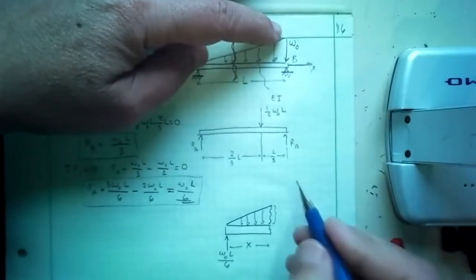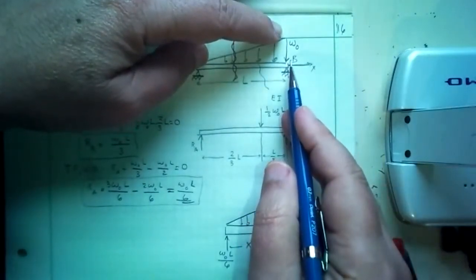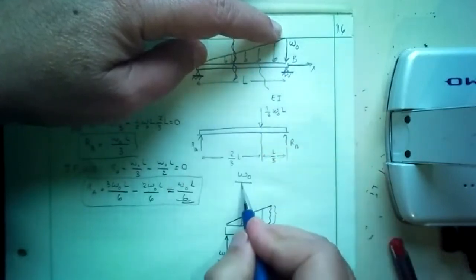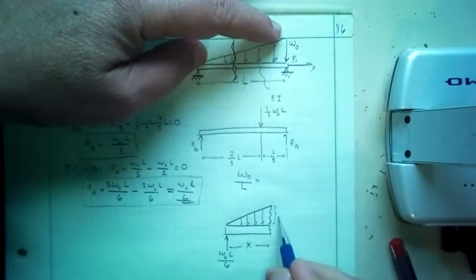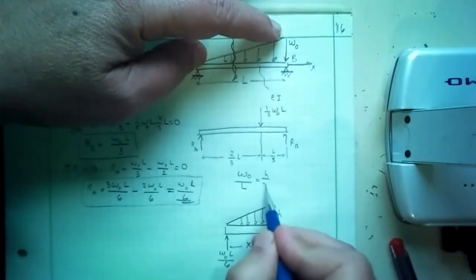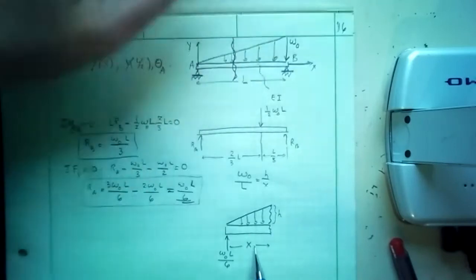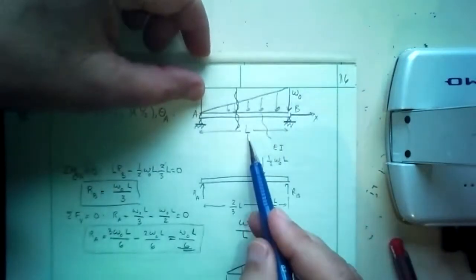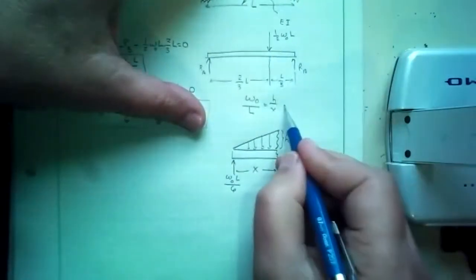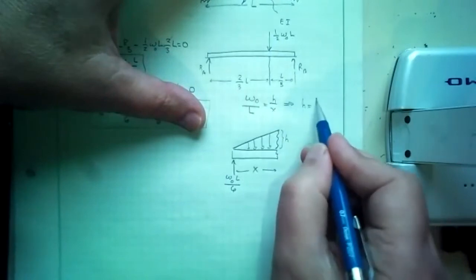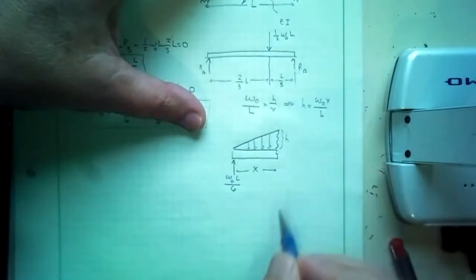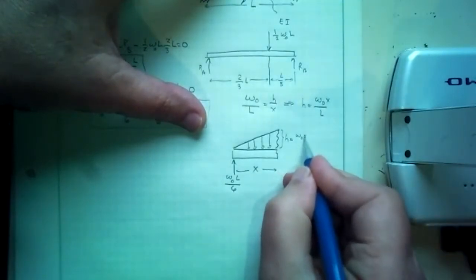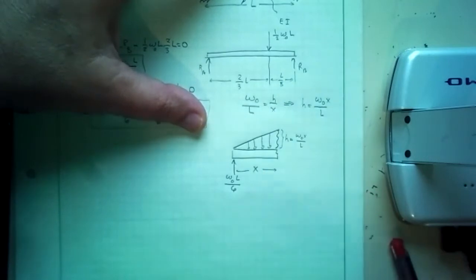Similar triangles say that the height of my original loading over the length of it is equal to, I'm going to call this h, h over x. H over x is similar to W naught over L. Therefore, h is W naught x over L. So that's h. It's the height of this distributed load.